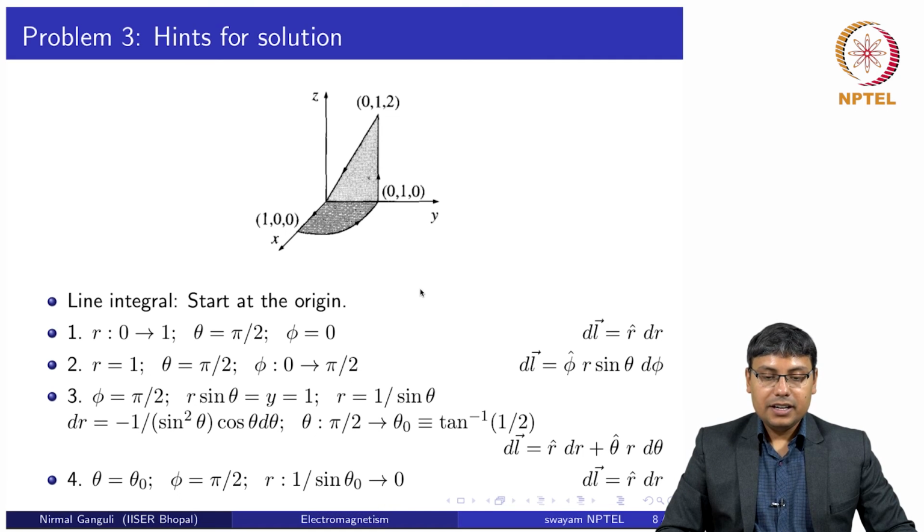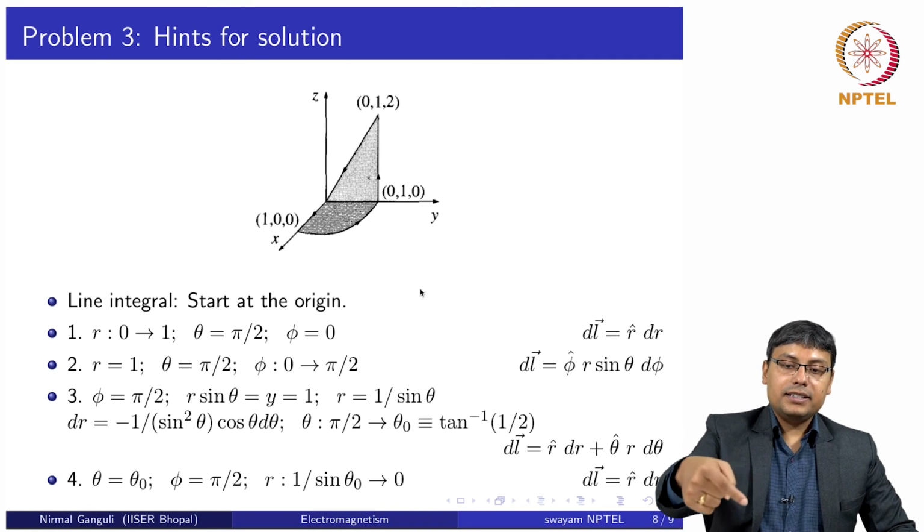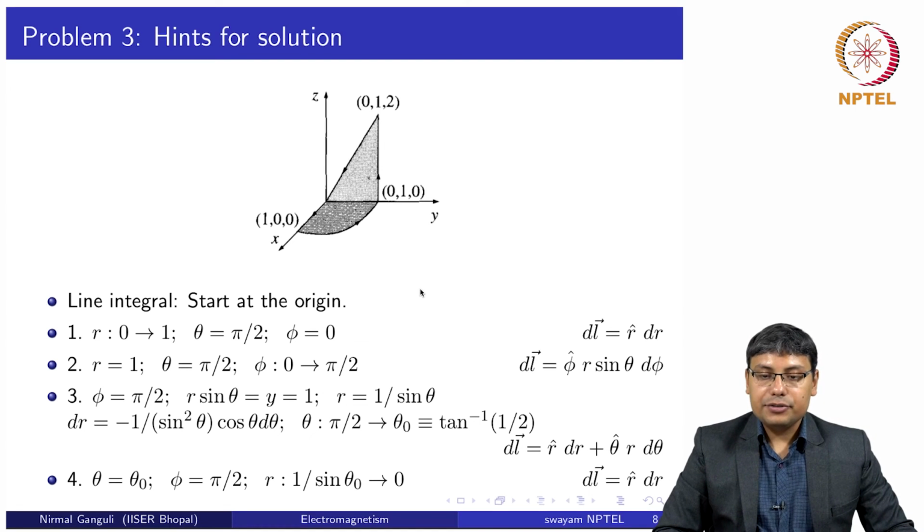And finally, along the fourth line, that is the slanted line coming back to the origin, along that line theta equals theta naught, the fixed value of theta that we have obtained earlier, that is tan inverse of 1 over 2, phi equals fixed pi by 2 here, and r ranges from 1 over sin theta naught to 0.